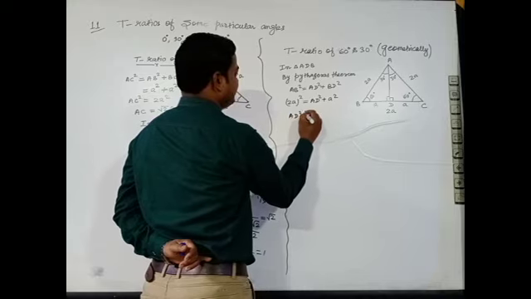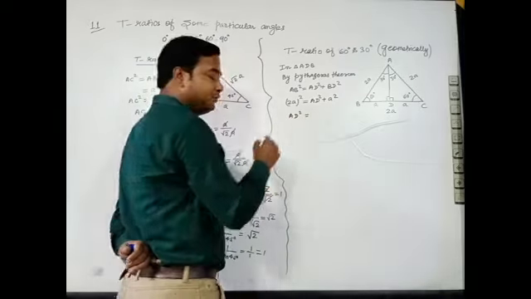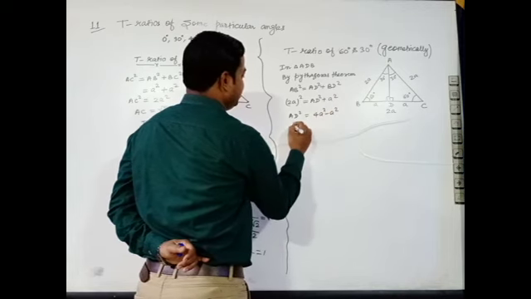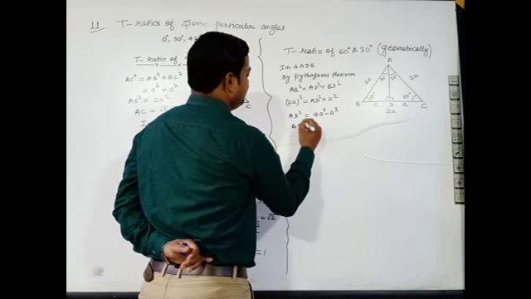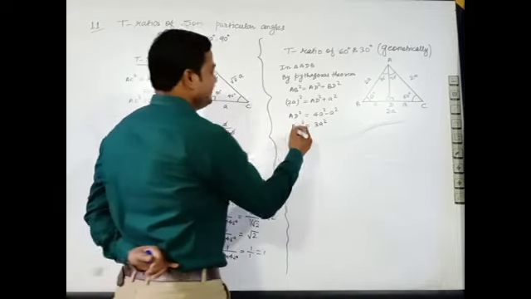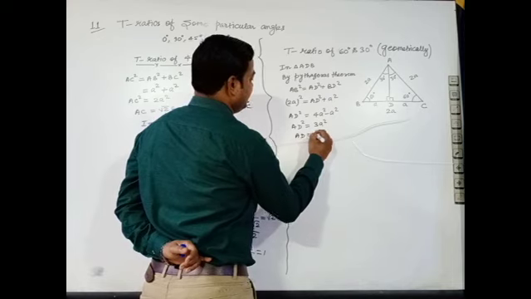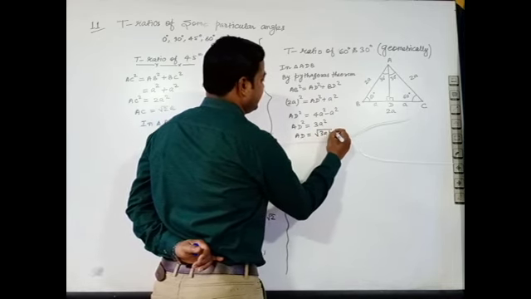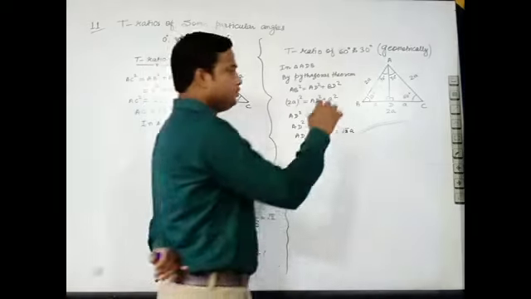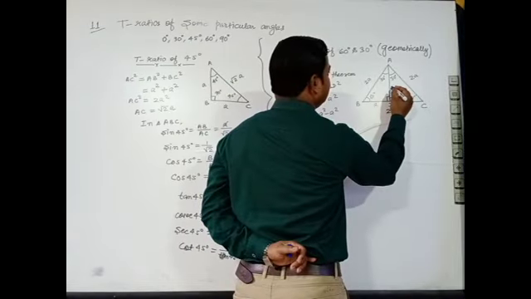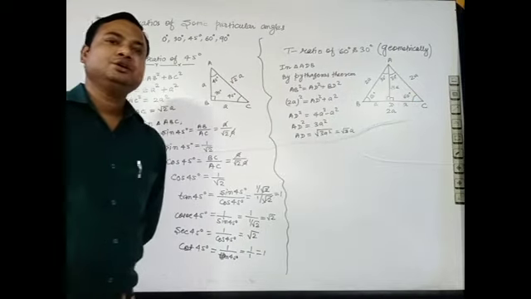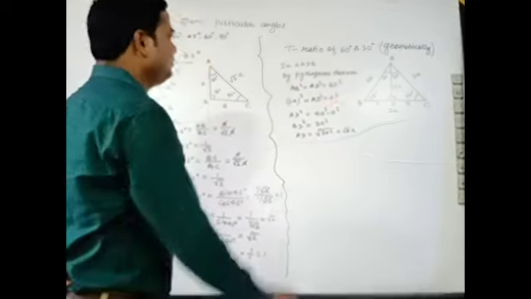It means AD square equals 4A square minus A square, so AD square equals 3A square. It means AD equals root 3A. The value of AD is root 3A.